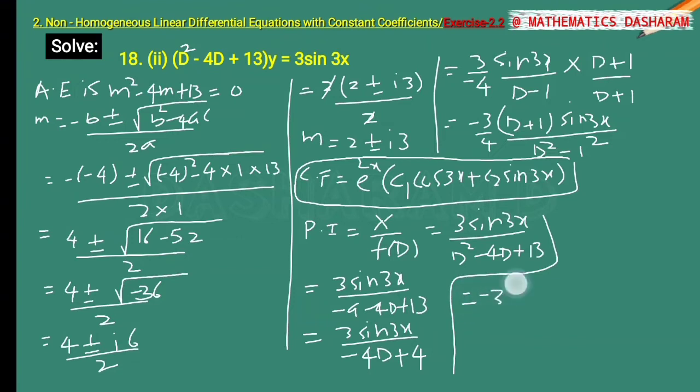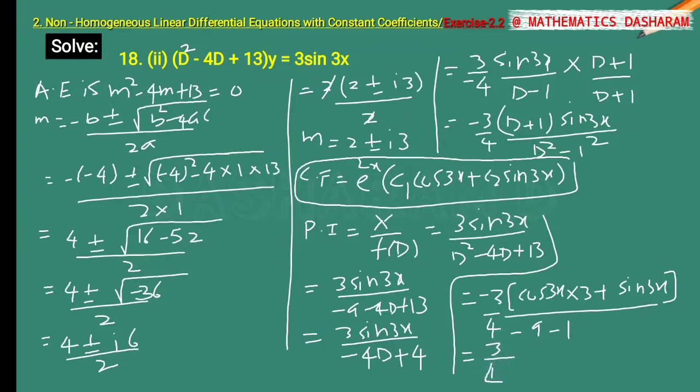So minus 3 bracket of derivative of sin 3x is cos 3x into 3, plus 1 into sin 3x, divided by d square value is minus 9 minus 1, here by 4. Next, minus 9 minus 1 is minus 10, and minus minus will cancel. Then 4 into 10 is 40. So 3 by 40 bracket of 3 cos 3x plus sin 3x.